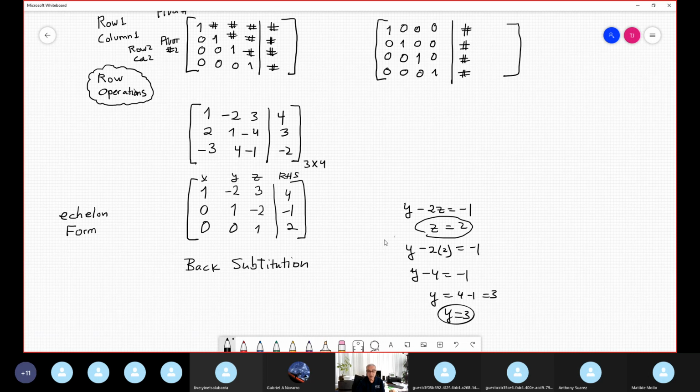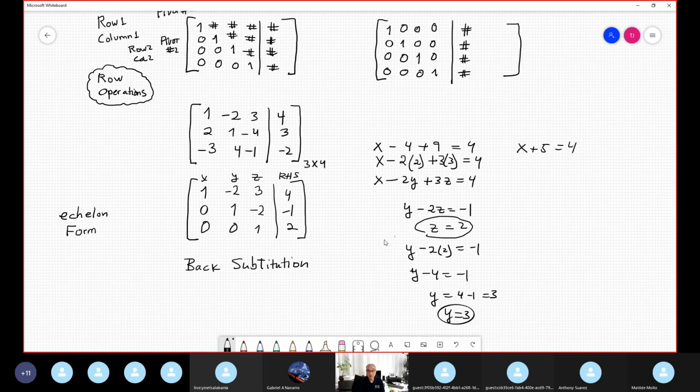I need X. I substitute in the first equation, which is X minus 2Y plus 3Z equals 4. Then X minus 2 times 3 plus 3 times 2 is equal to 4.